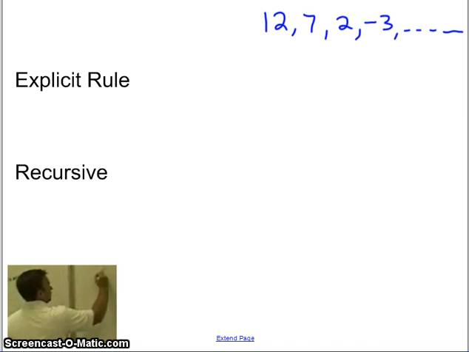Let's try it again with our other example that was arithmetic. Again, we have a sub n equals the difference times n minus 1 plus the circle. I put a dashed 1 to show the difference.